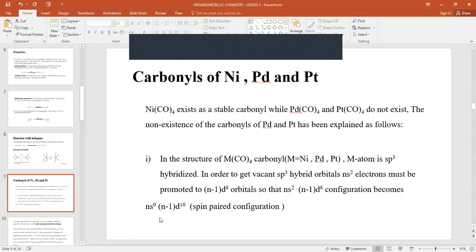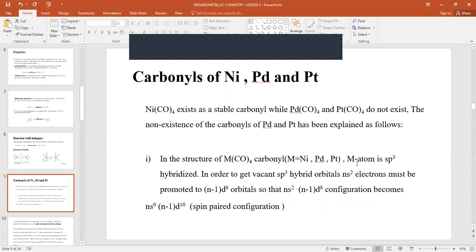So in the structure of the metal tetracarbonyl, where M stands for nickel, palladium, and platinum, the metal atom is sp3 hybridized.